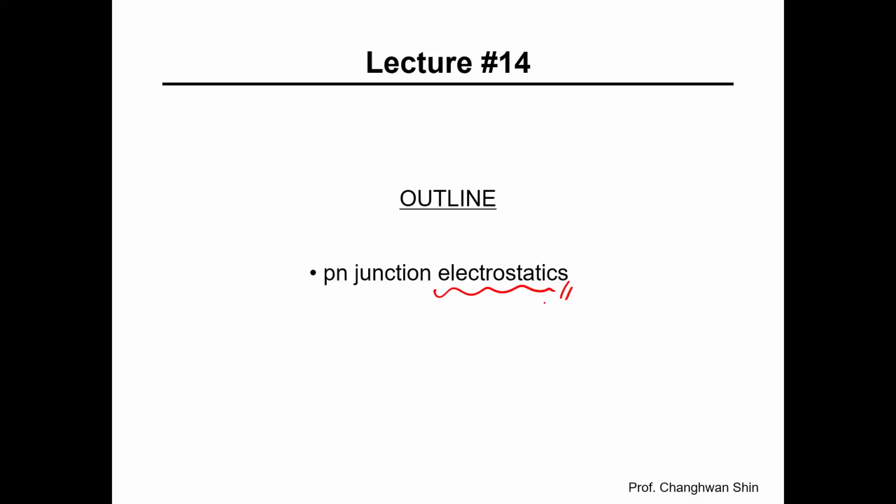Then lastly but not least, how to mathematically derive these quantities from basic semiconductor physics. This whole understanding will serve as the foundation for our future discussions on PN junction devices and their applications in electronic circuits. Okay, now let's move on to the next slide.